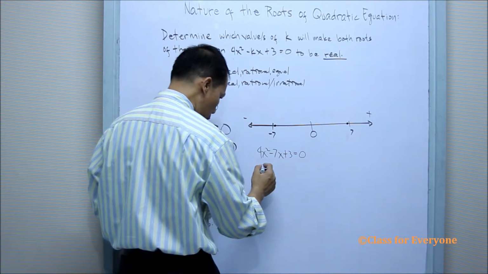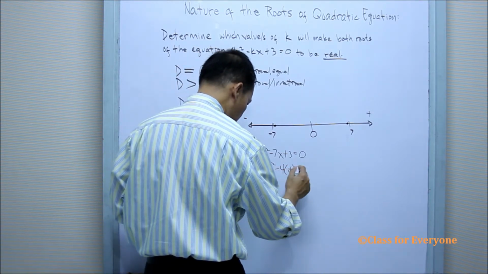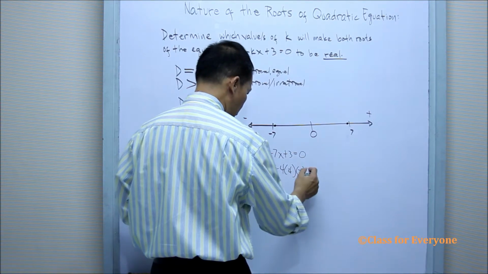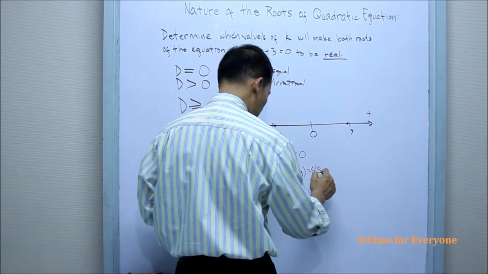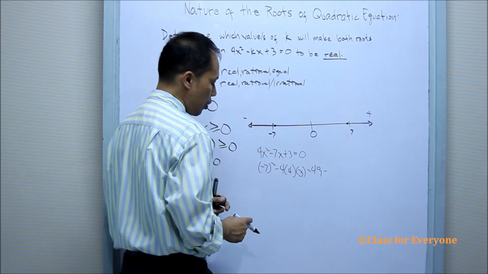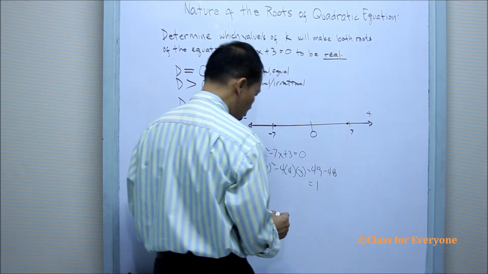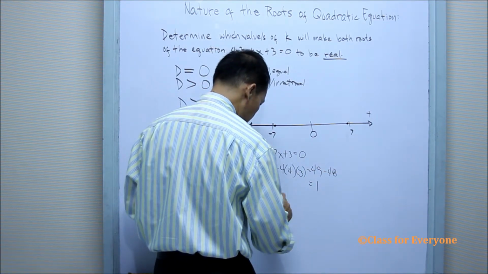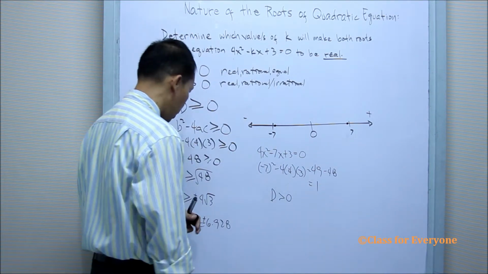Therefore, the discriminant will be negative 7 squared minus 4 times 4 times 3. And then, by solving for this one, this will be 49 minus 4 times 4 is 16 times 3 is 48. And it is equal to 1. Therefore, the discriminant is greater than 0 because it is equal to 1.